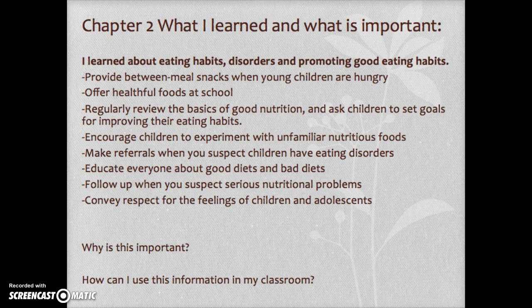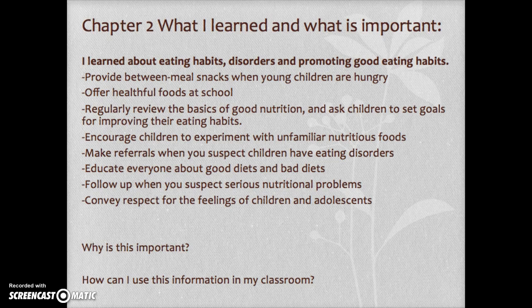Encourage children to experiment with unfamiliar nutritious foods, make referrals when you suspect children have eating disorders, educate everyone about good diets and bad diets, follow up when you suspect serious nutritional problems, and convey respect for the feelings of children and adolescents.